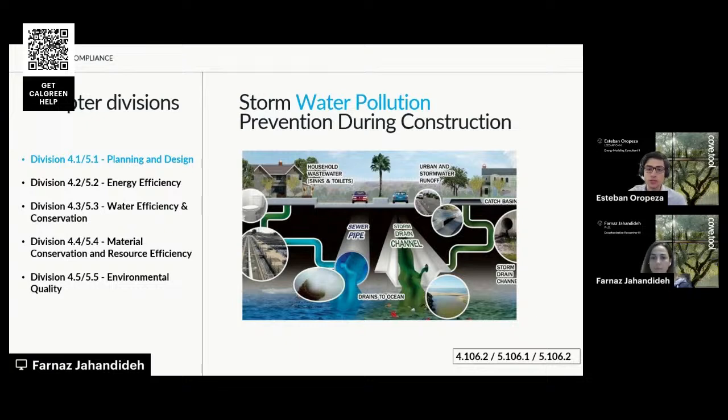So basically, stormwater pollution prevention during construction is applicable in different categories depending on the area. For smaller construction sites, less than an acre, you need to implement a stormwater pollution prevention plan during construction. But if the site is larger than that, then you would fall into the National Pollutant Discharge Elimination System.